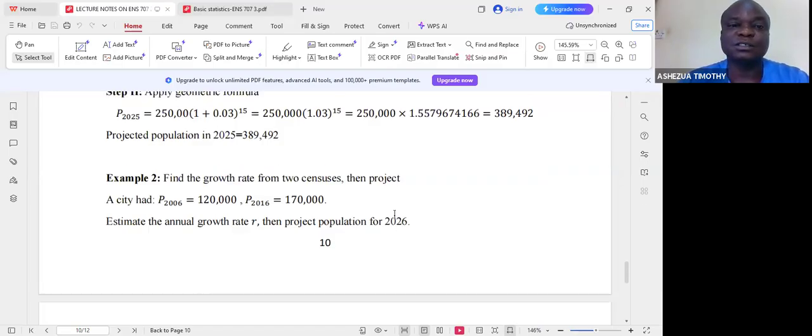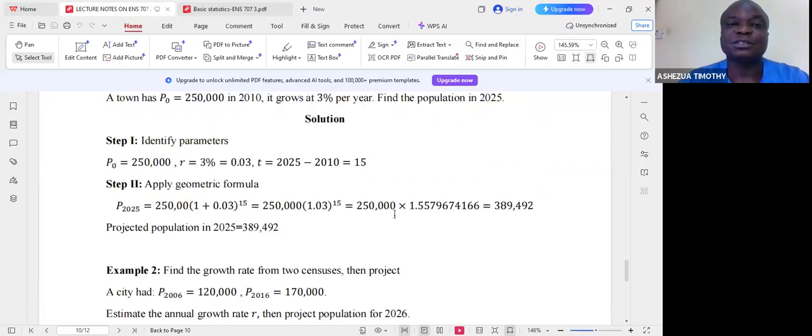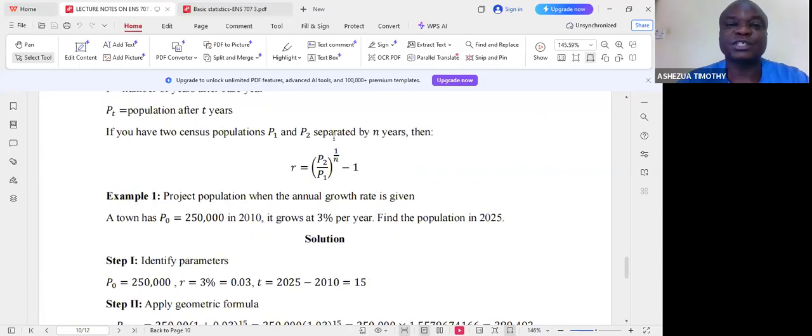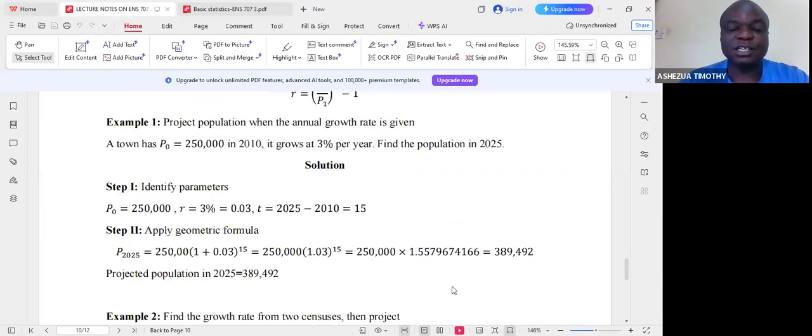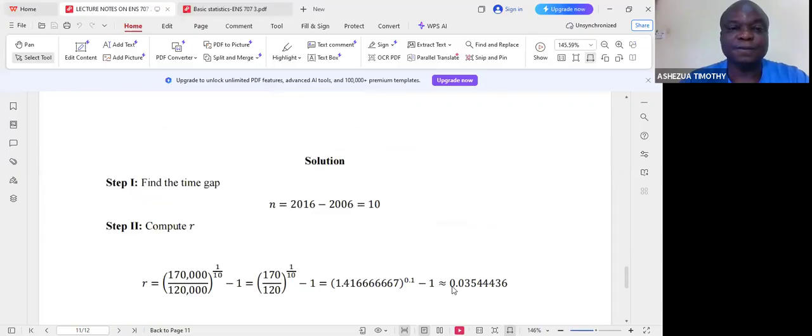Remember, I told you that if you have 2 populations and you are to find the growth rate, this is the formula you use. R is equal to the later population all over the earlier population, bracket open and close, raised to the power 1 all over n, minus 1. So that's the formula we're going to use.